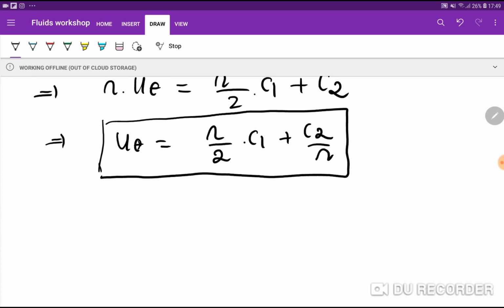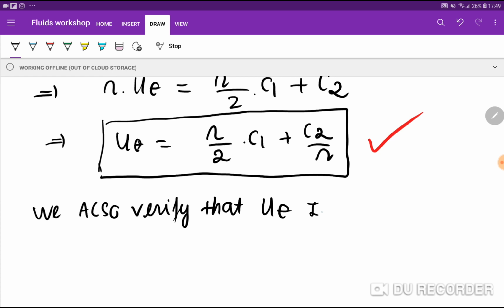So if you state a logic and later on you get a true statement, it means that your original logic is correct. So this is good news. I'll make a note here: we also verify that u theta is a function of r. Okay? In the next video, let's see what C1 and C2 are.